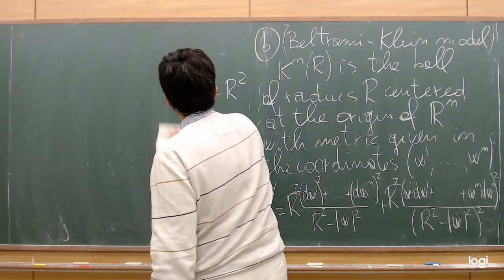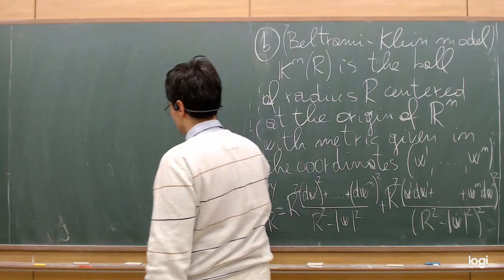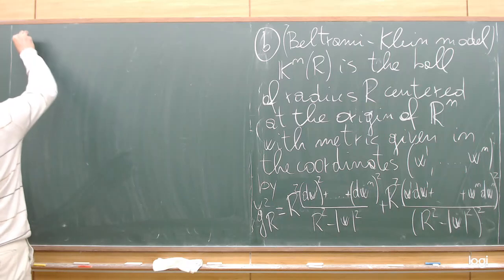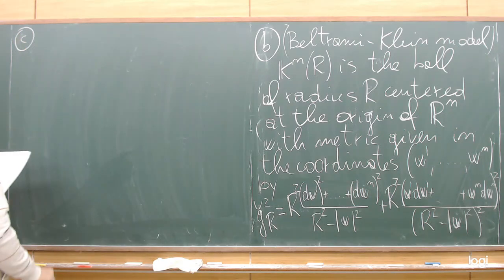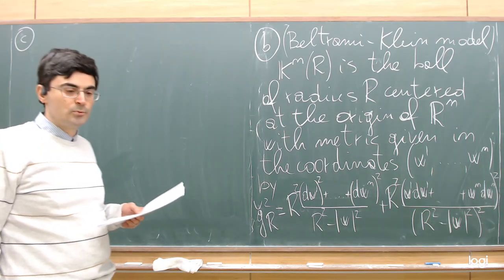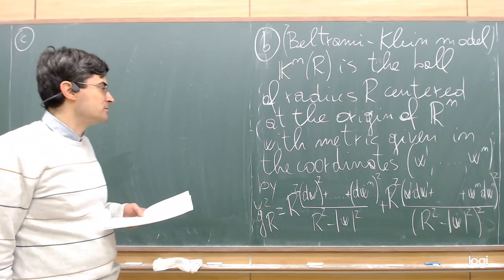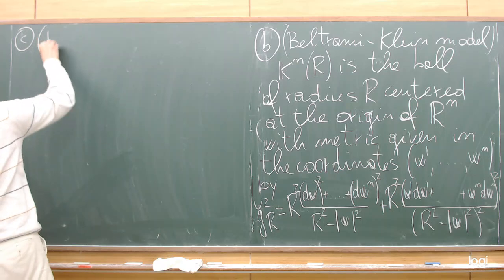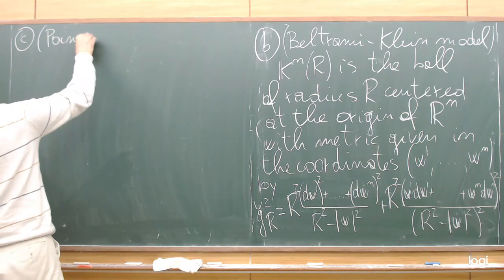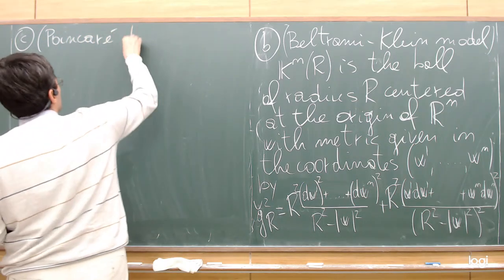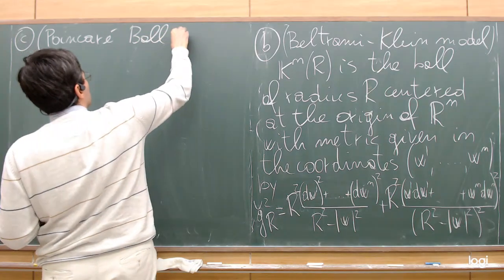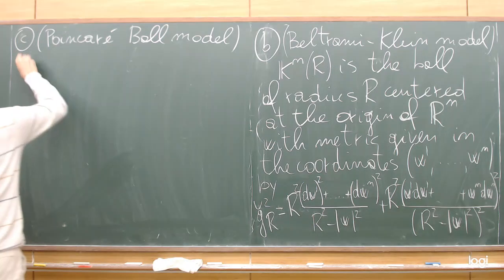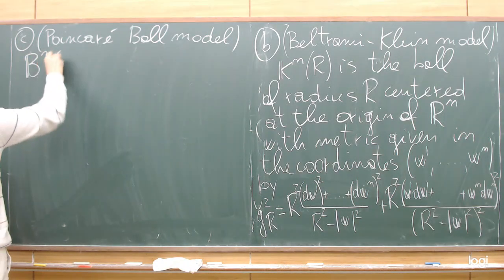The two models which are, in my opinion, more useful from the computational point of view are the last two, that is the Poincaré ball model, denoted by B^n_R.